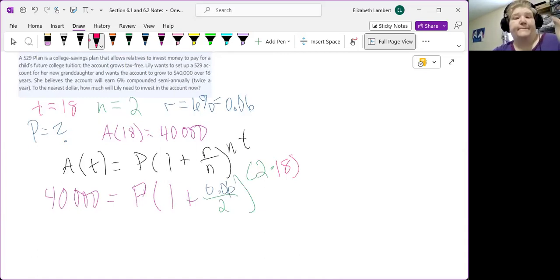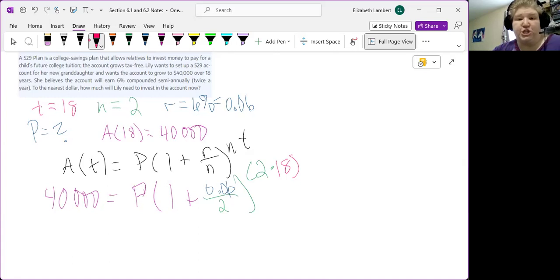Okay, so I have P times crazy ridiculous. Crazy ridiculous is something I can crunch on the calculator, and then I can do 40,000 divided by that result. So that's usually the way I end up typing it, just because I like to use the answer feature so I don't have to try to type 40,000 over that, because then you have a whole extra set of parentheses around it. But you can do it that way.